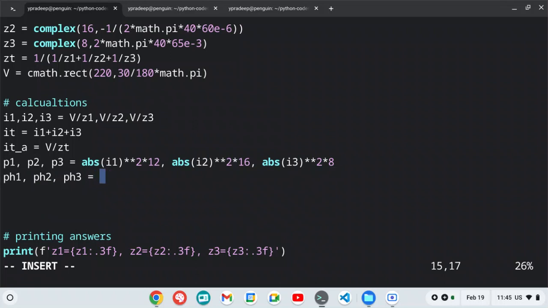I think cmath something is there. I'm not sure, so let's check only with P1, PH1.